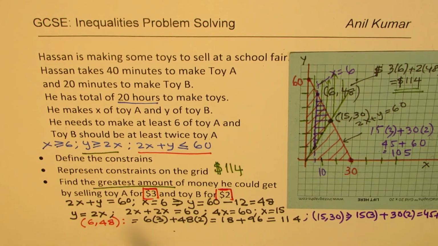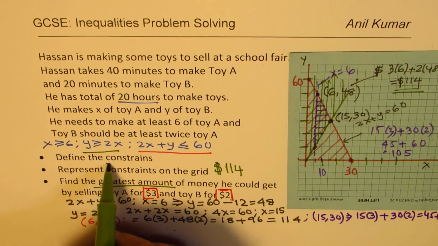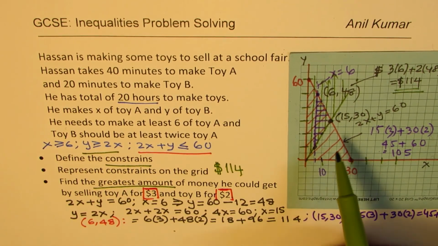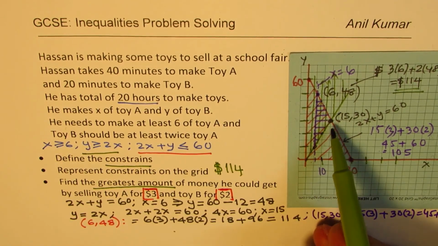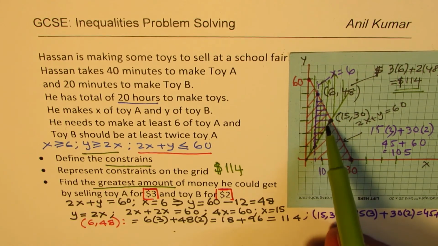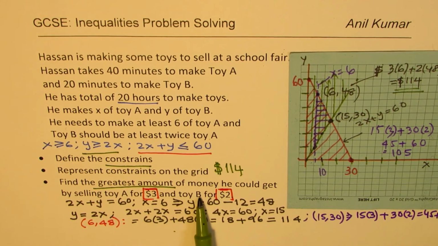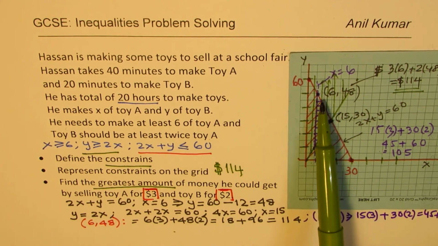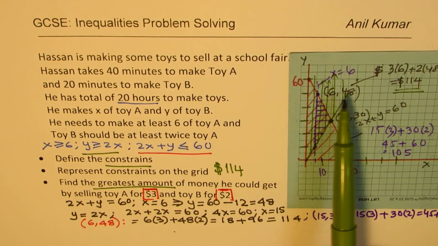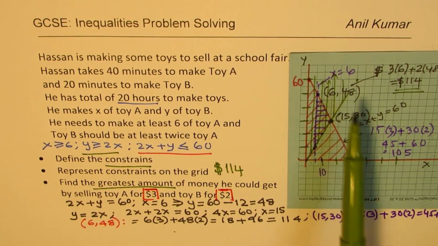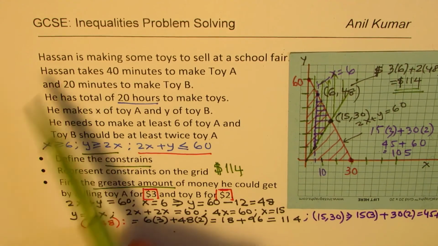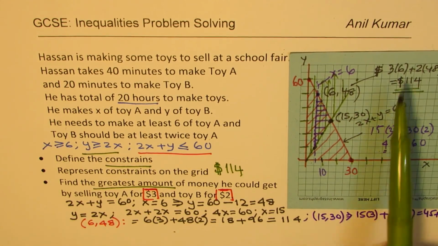So the idea here is, once you get your inequalities or the constraints, you can sketch the graph. Look into the points of intersection. Each point is to be checked for the maximum or minimum value. In this case, we want the greatest amount. So toy A is being sold for $3, toy B is being sold for $2. So if we sell 6 of A and 48 of B, Hassan earns $114.